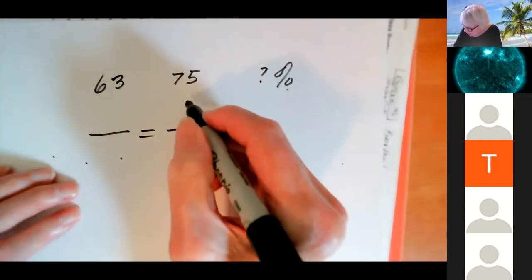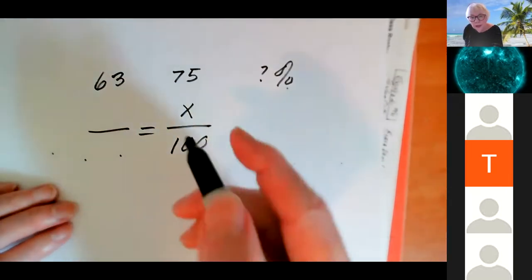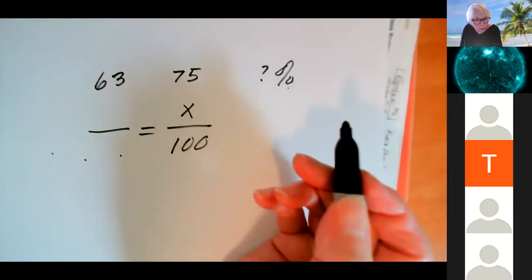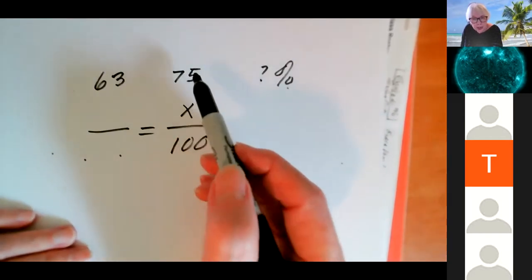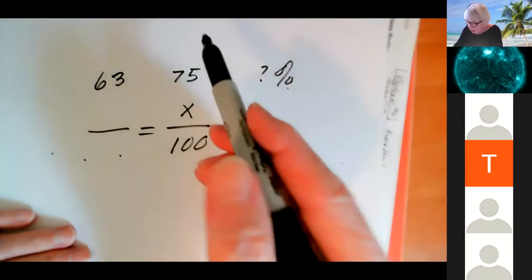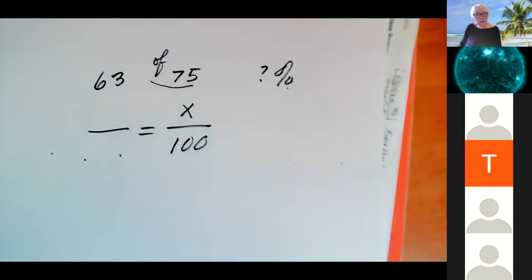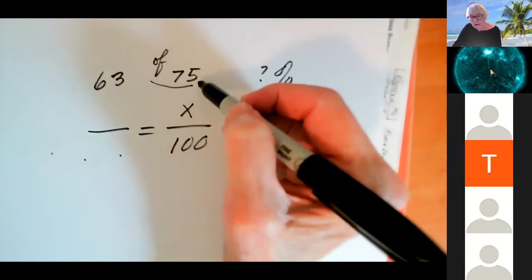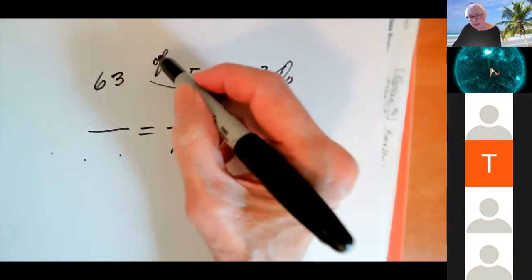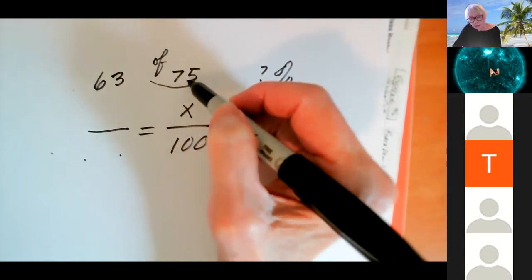The percent is here over 100. You could actually call this P if you wanted, for P for percent. Can you tell 63 out of 75? Even the word of is used so often. The word of, 63 out of 75. So multiply? No, the word here is used to mean the total.